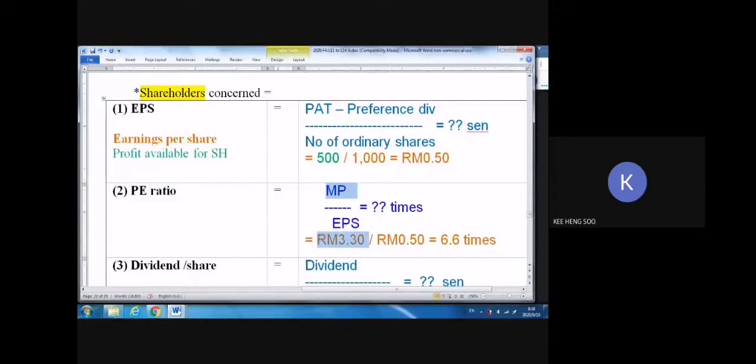Assume that market price is $3.30 and you can earn 50 cents. That means in 6 years plus, 6.6 years, you can earn back your initial investment, the market price. You buy a share at $3.30, in 6 years time, you can get back your $3.30. You got it? That is called earning yield.